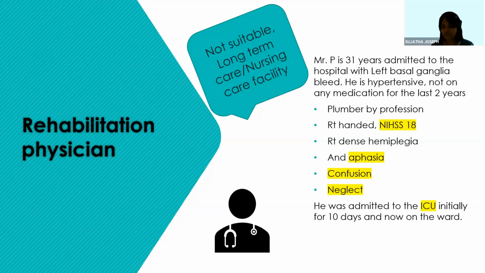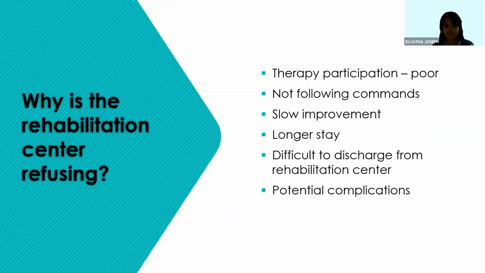And patient was in ICU, which means initially patient needed intensive care. So altogether, when it is looked from outside, patient is not a candidate for active intensive rehabilitation program. And the rehabilitation center also refused accepting him as an intensive care candidate.